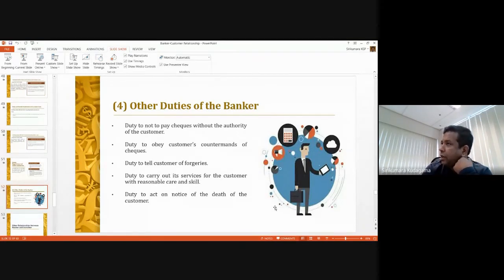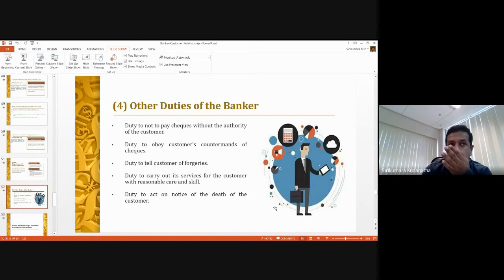I told you that this is not a fiduciary relationship. This is not a trustee and beneficiary relationship. Still, there are certain reasonable things expected of them. There is a duty of care that they owe. Otherwise, they might be held responsible for negligence.